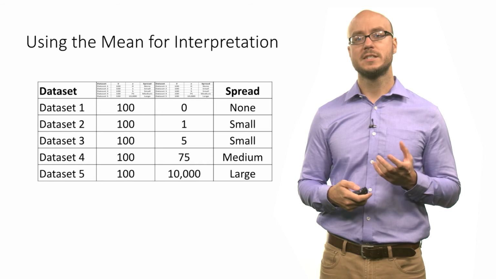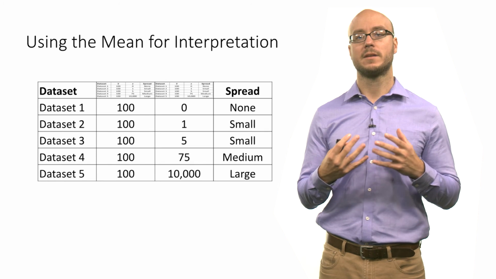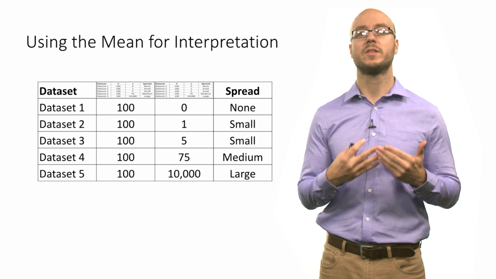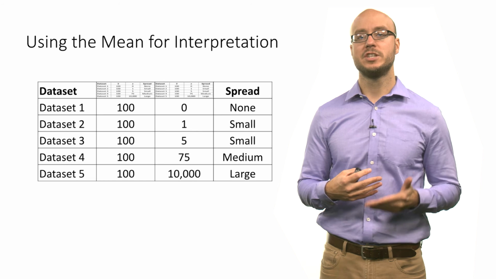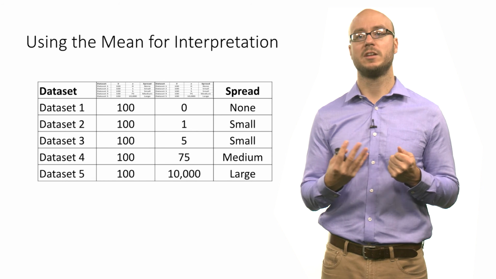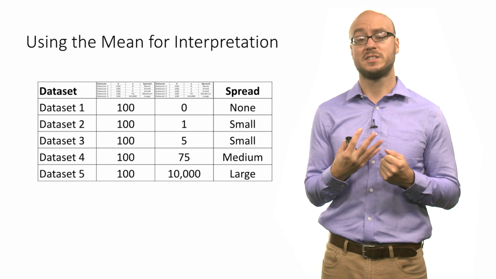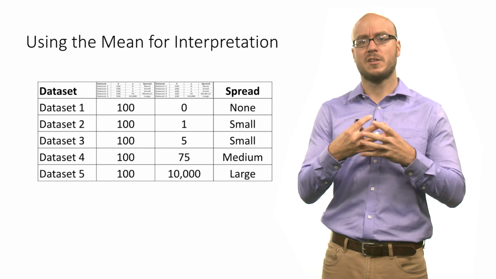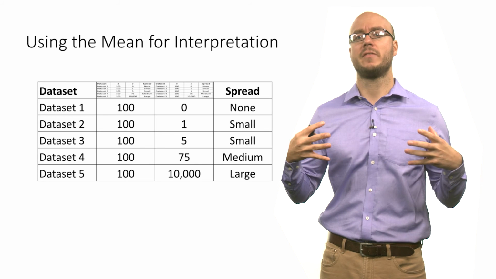So what you can see is that we can interpret the sample standard deviation by comparing it with the sample mean. In each of these cases, we've kept the sample mean the same and just altered the sample standard deviation. If the sample standard deviation is very large relative to the sample mean, that characterizes a distribution that has a lot of spread around that mean.